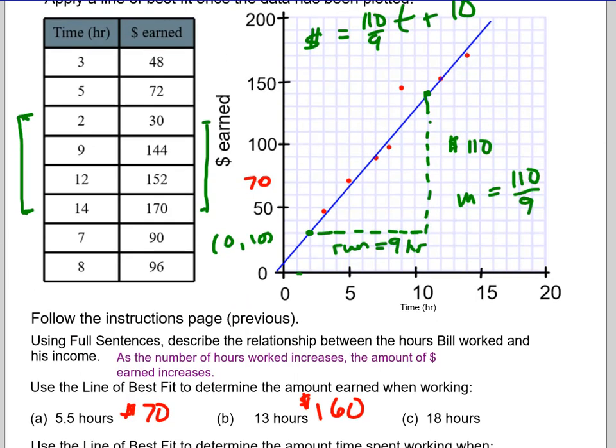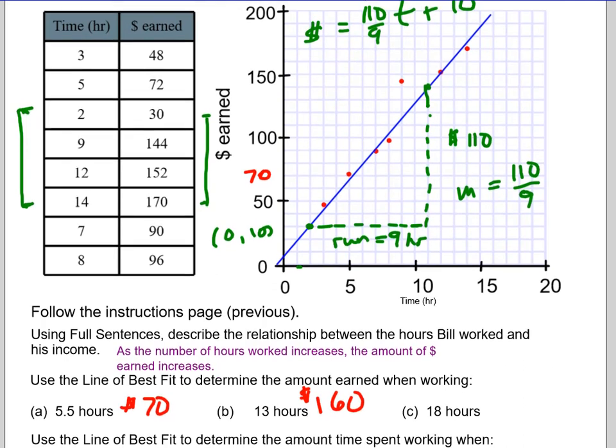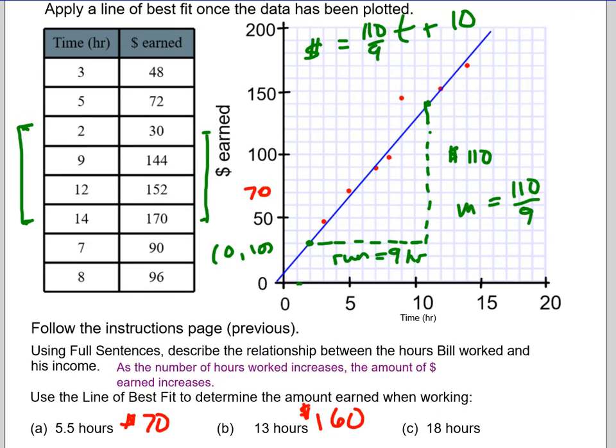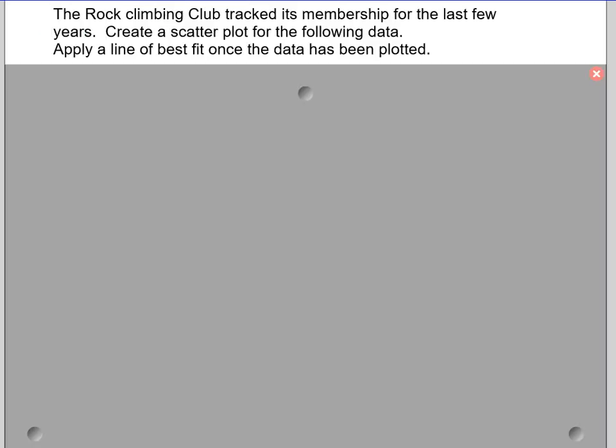We could use all of our finding equation strategies that we did in our last chapter. And you can just use the information from these two points on your line of best fit to do that. So you could use the algebraic approach, you could use this approach where I just use the graph, a bunch of different ways.